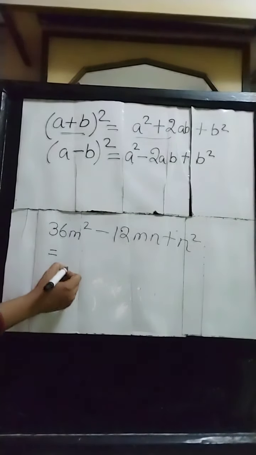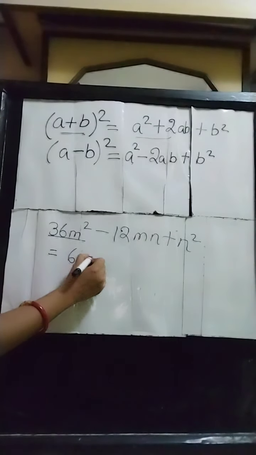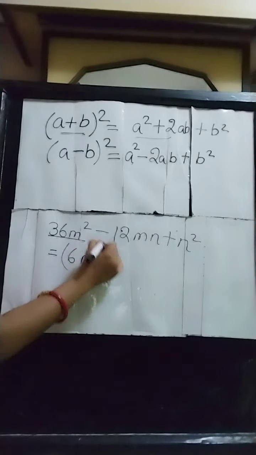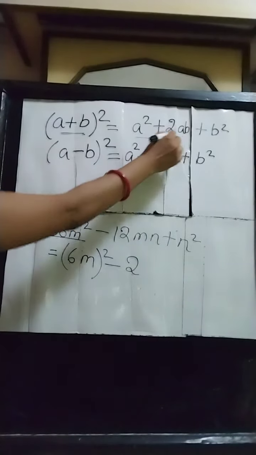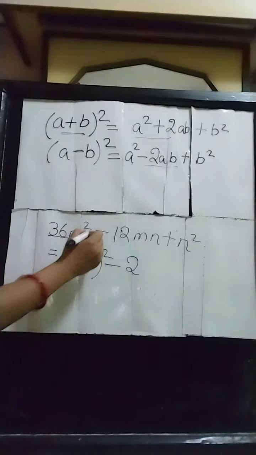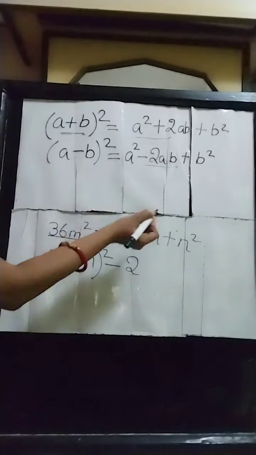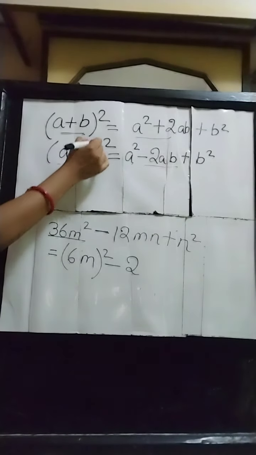So 36m square is the square of 6m. So we will write 6m whole square. From minus we will write minus. Then second, 2 into a into b. Now since it is minus, we will get a minus b whole square, that is, the square of subtraction of two terms.